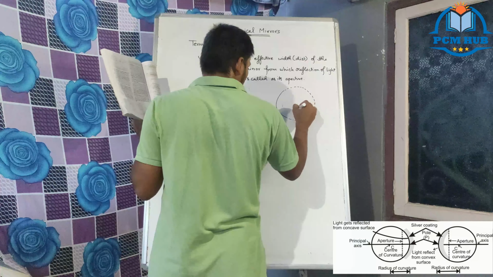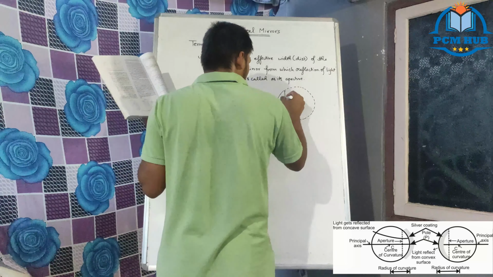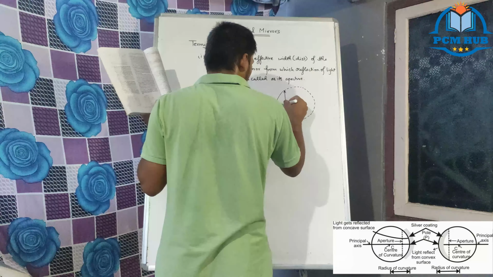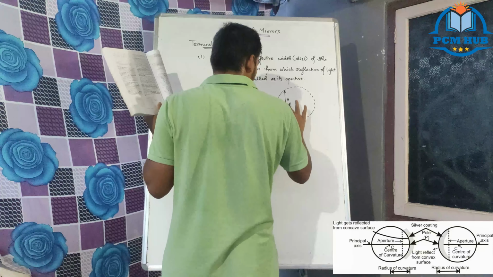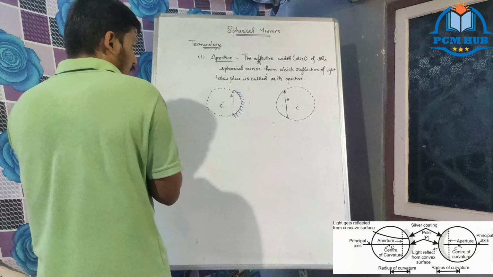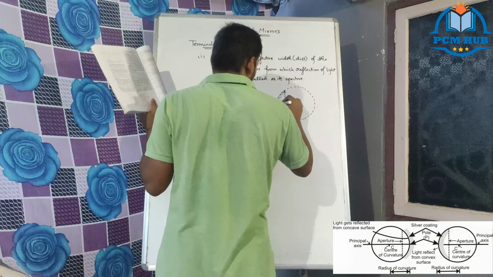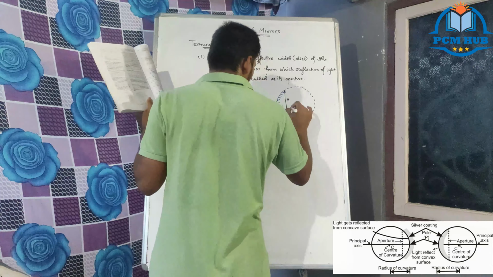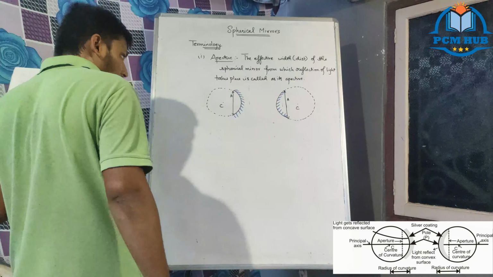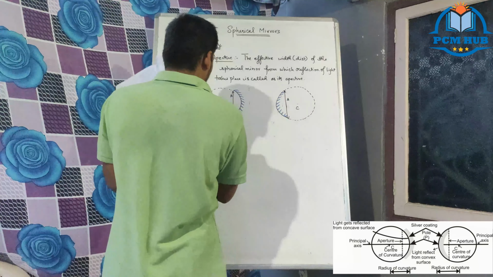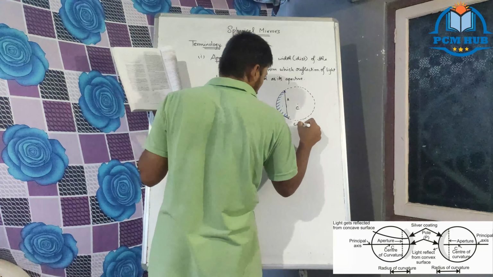Okay, this is the center. So this is the aperture for convex mirror. Okay, that is the aperture for convex mirror. Now this is concave, this is convex.